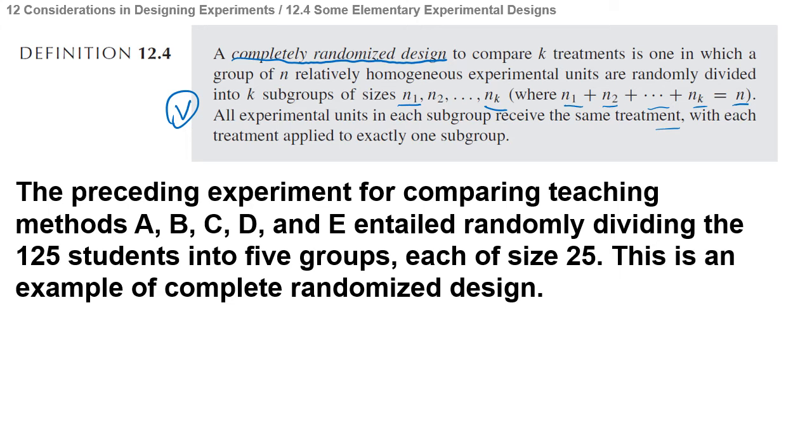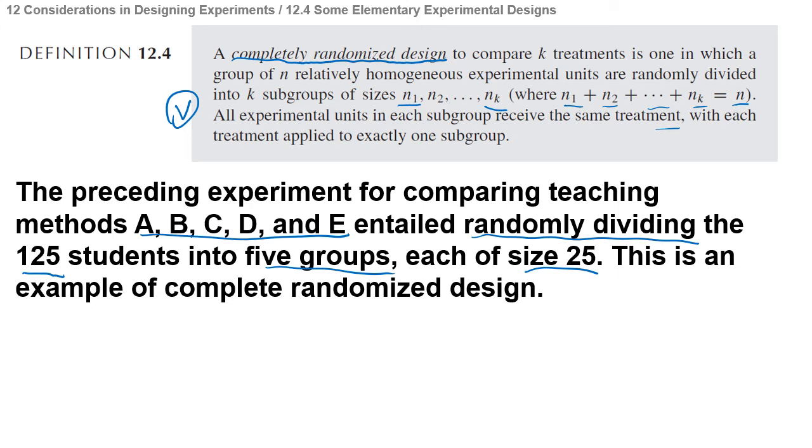For the previous example, the experiment for comparing teaching methods A to E entailed randomly dividing the 125 students into five groups, each of size 25. This is an example of a completely randomized design.